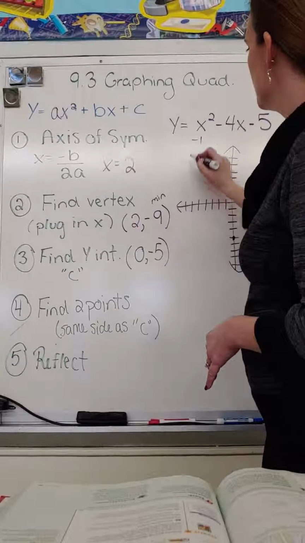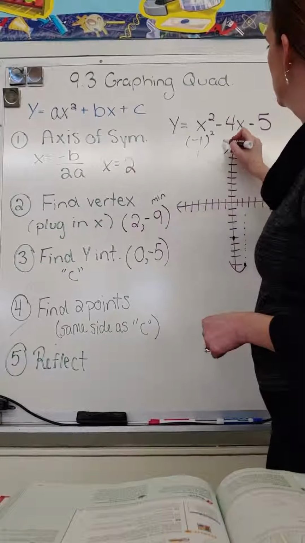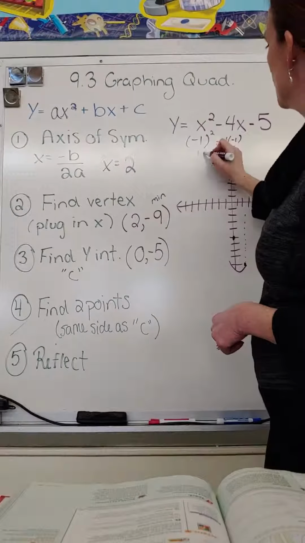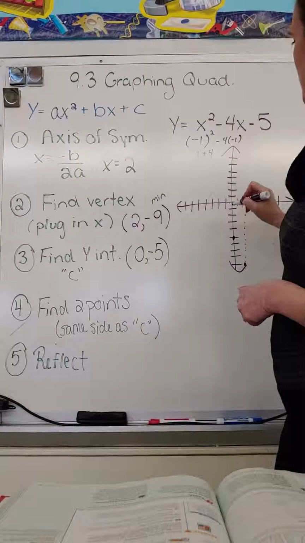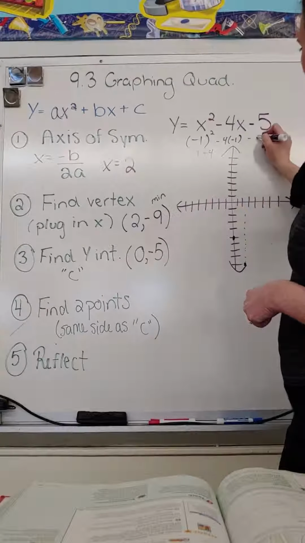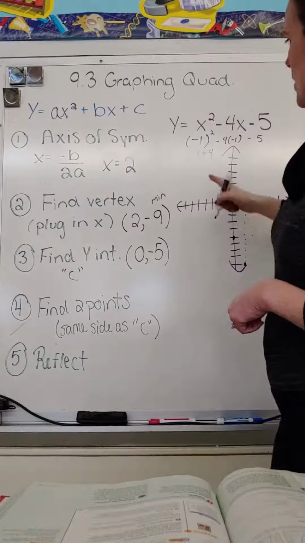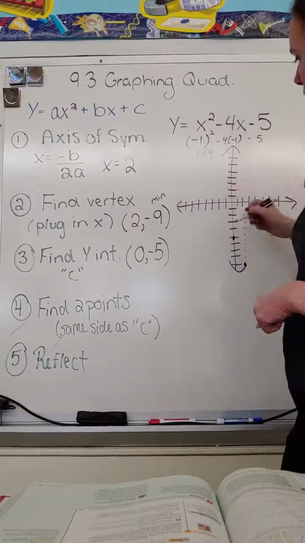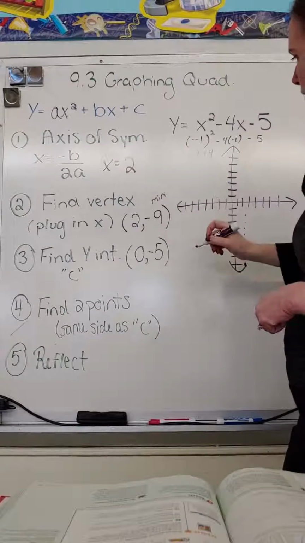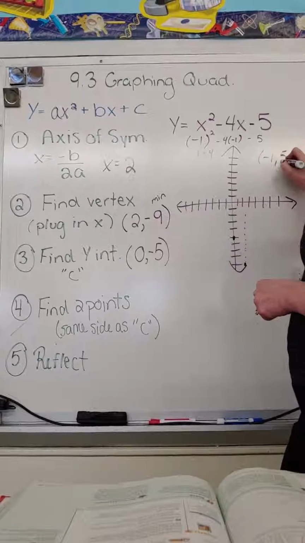So if I pick negative 1, negative 1 squared would be 1. Negative 4 times negative 1, that would be a positive 4. And so that gives me 5. And then I have minus 5 is going to be 0.